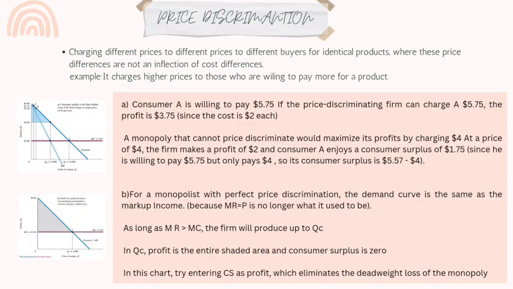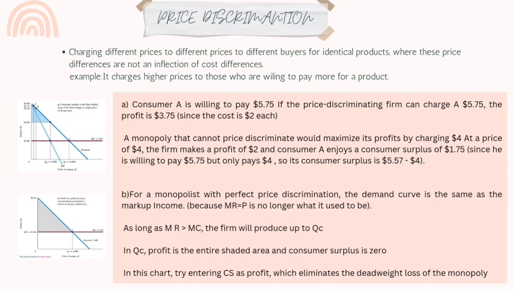Price discrimination. Charging different prices to different buyers for identical products, where the price differences are not an reflection of cost differences. For example, charging higher prices to those who are willing to pay more for a product. Consumer A is willing to pay $5.75. If the price discriminating firm can charge $5.75, the profit is $3.75 since the cost is $2 each.